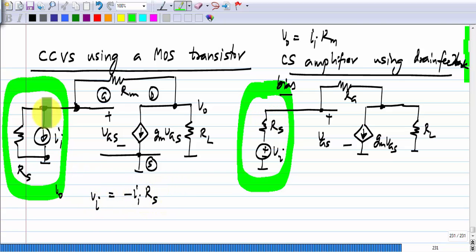We get minus II because this current source is pointing downwards, whereas this voltage source has positive terminal on top. Now with this mapping, we can use whatever results we have for this circuit for our current controlled voltage source. The only other thing we need to do is wherever we have Rg, we have to replace that with Rm. That's a trivial modification.